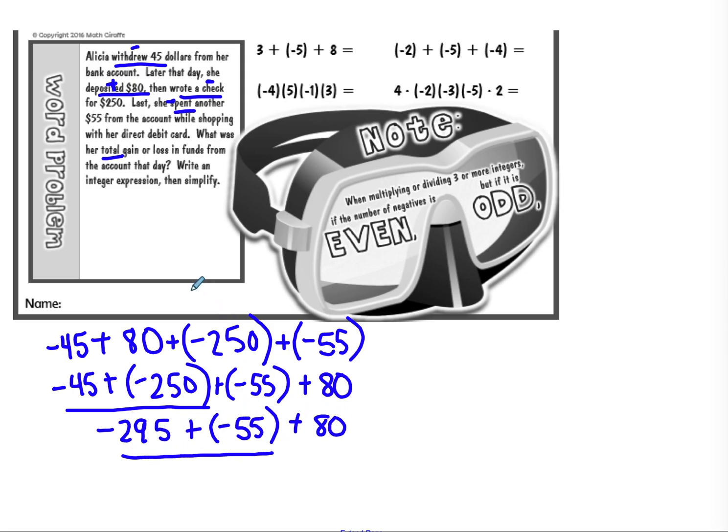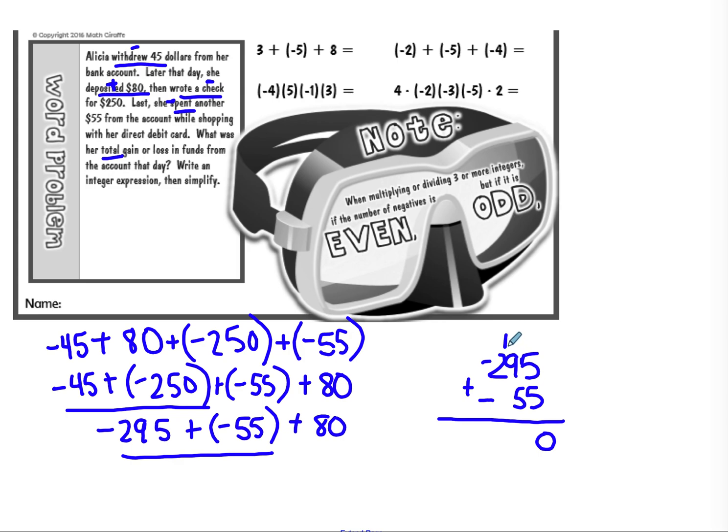Okay, so again, same signs. I'm going to find the sum. I didn't write it vertically on this one, but I will for this one just to show that strategy for people that like to see it. So negative 295 plus a negative 55. Remember, same signs. Find the sum. 5 plus 5 is 10.